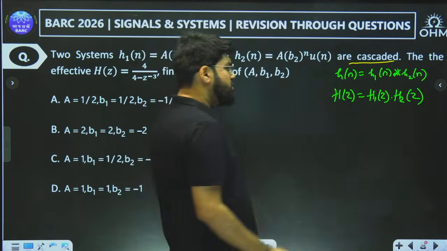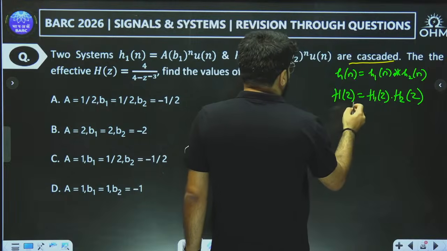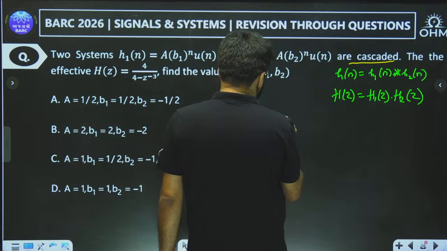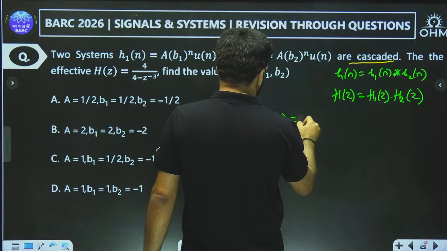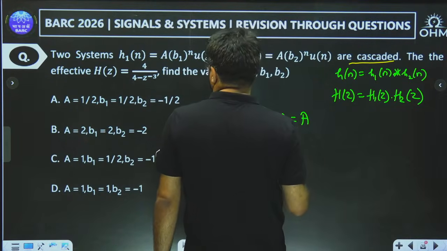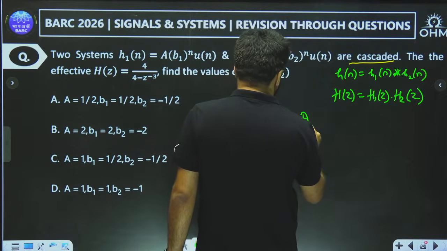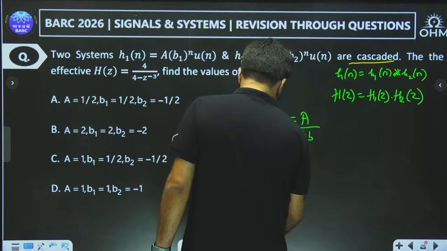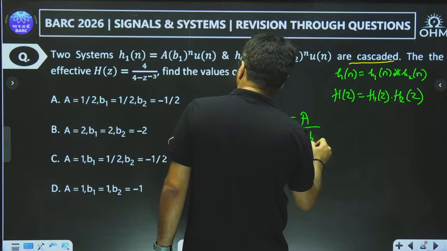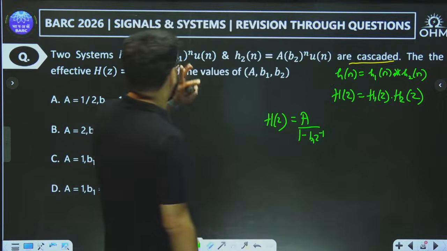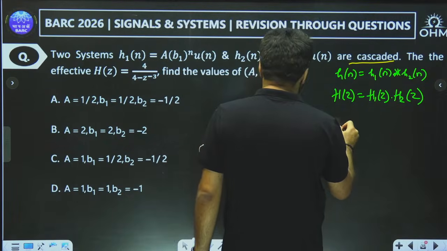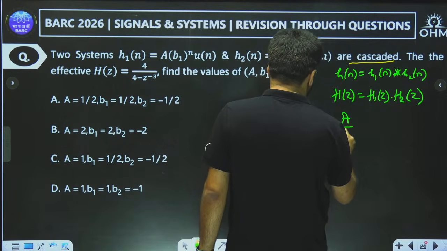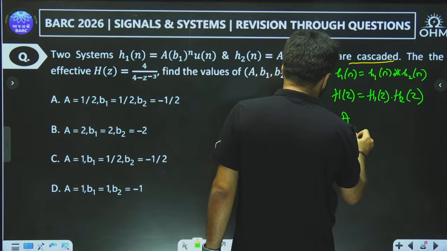H1(z) into H2(z). Now what is the transform for H1(z)? It is 1 upon 1 minus B1 z inverse, and 1 upon 1 minus a z inverse is the formula for a power n u[n]. Multiplied by the next one, which also has a, but 1 upon 1 minus B2 z inverse.